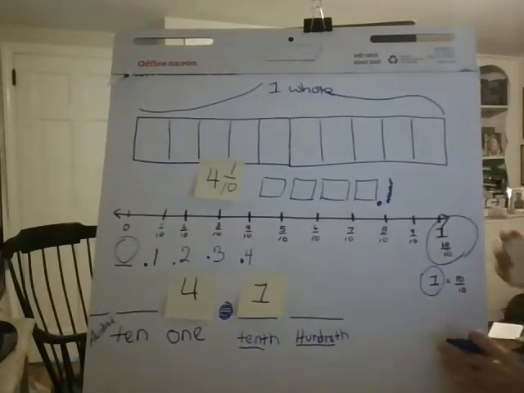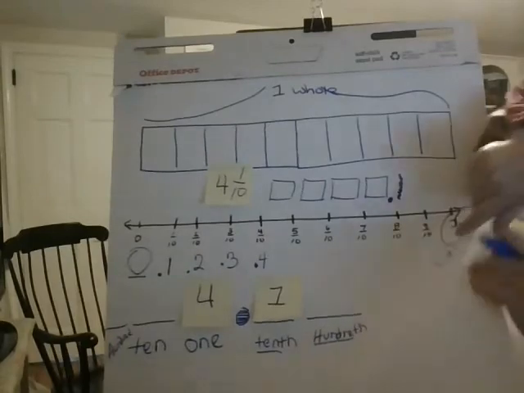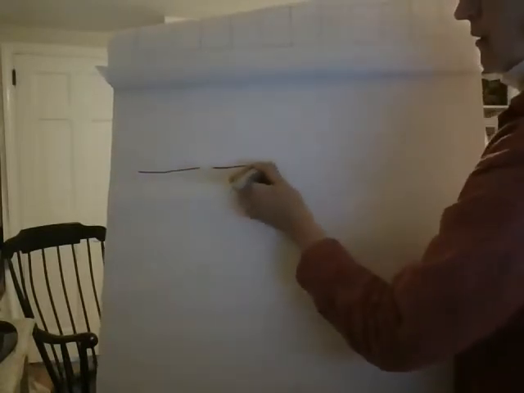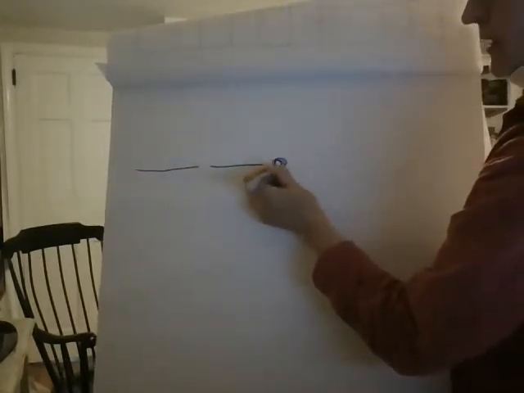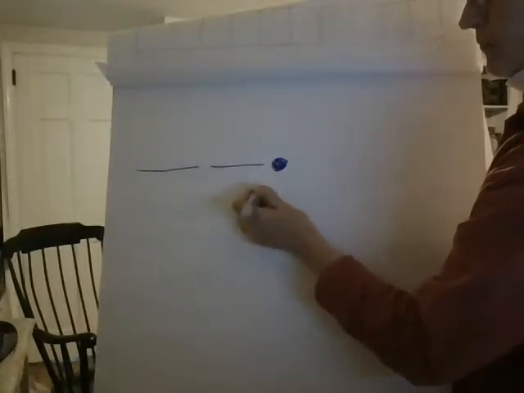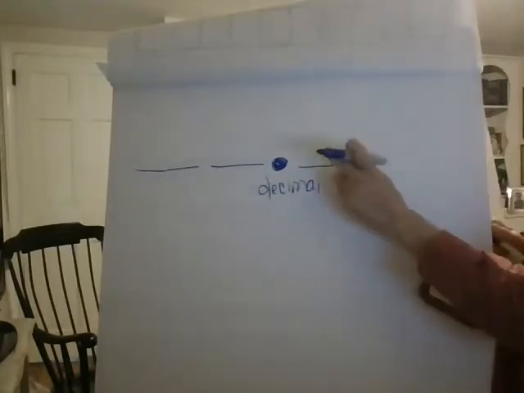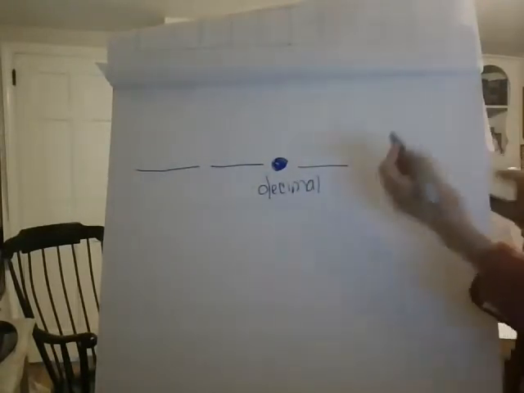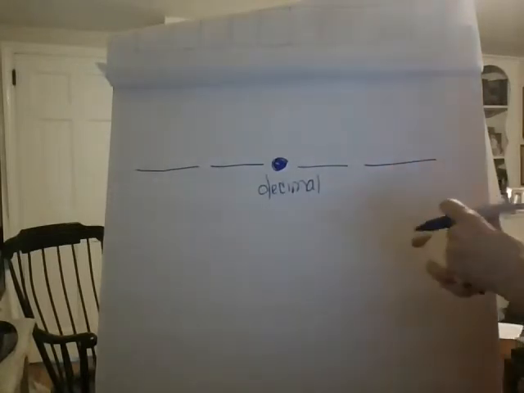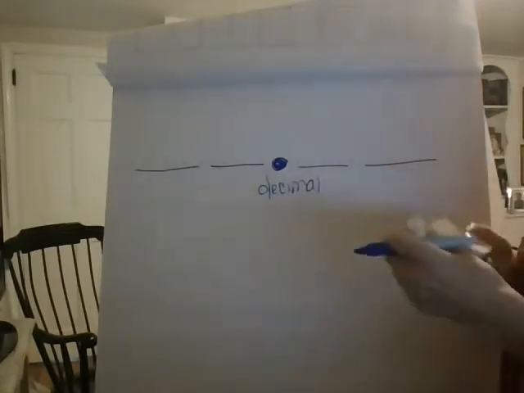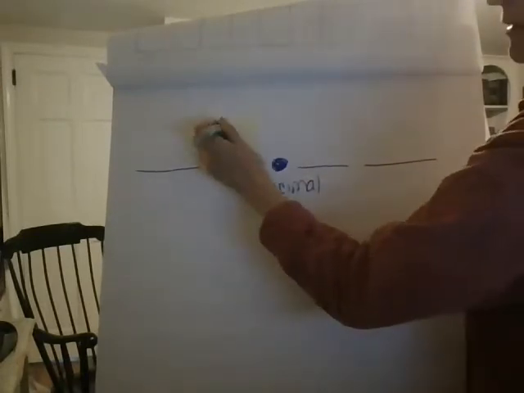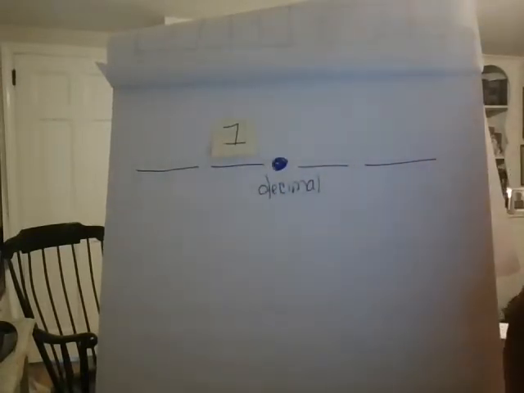Okay, thinking about money for just a minute, because we all love money so very much and wish we had oodles and oodles more of it. There's my and, my decimal. When I'm saying that this is tenths, think about money. So if I went home, or I am home, if I were to pull out a dollar bill, I would put the 1 to represent the dollar right there.